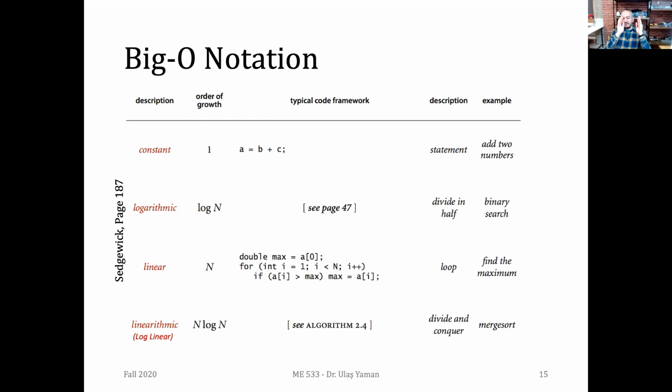Since we are dividing the regions into halves first, and then doing some computation, that's why we have the multiplication of the logarithmic and linear time complexity. We can describe it as divide and conquer. So you are dividing the whole region into smaller parts, and then doing some operations inside each region, and finally combine all these results. So now we will see the details of the logarithmic time complexity, the binary search.